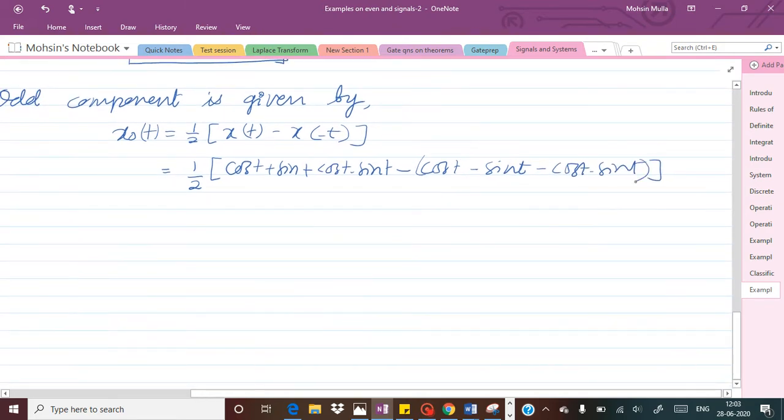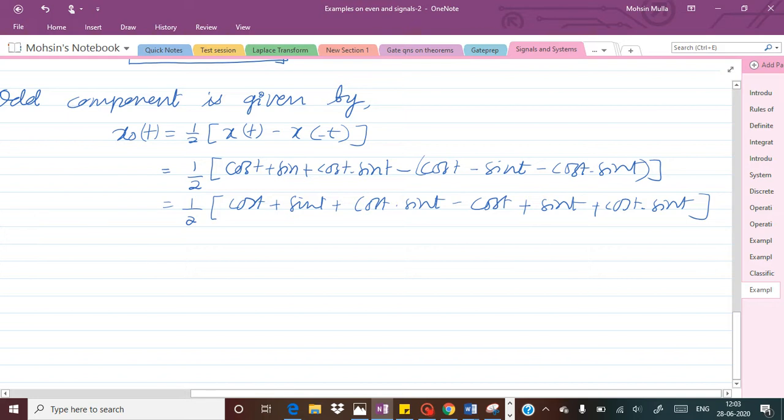Now you can rewrite it once again. So cos t plus sin t plus cos t into sin t minus cos t, so minus minus plus sin t, minus minus plus cos t into sin t.